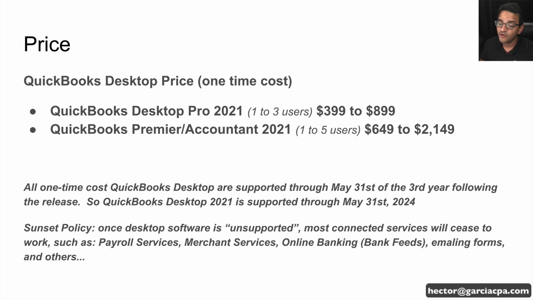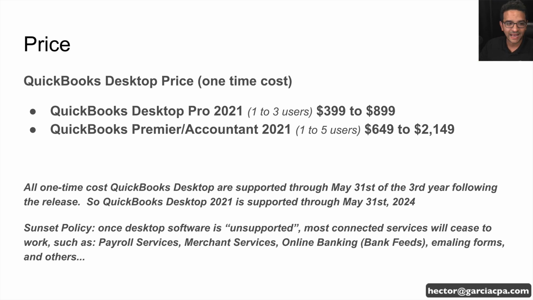Now, if you buy the one-time software, which will last you 3 years, once it stops being supported, it basically means that any connected service, payroll, merchant services, online banking like downloading transactions from the bank, emailing forms, anything that's connected to the web will stop functioning. So you could potentially have a QuickBooks Desktop 2007 still installed on your computer.